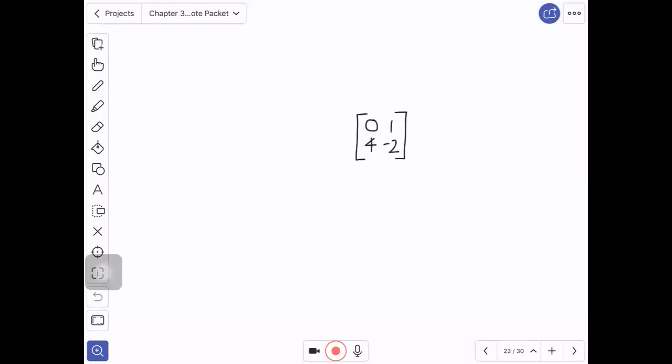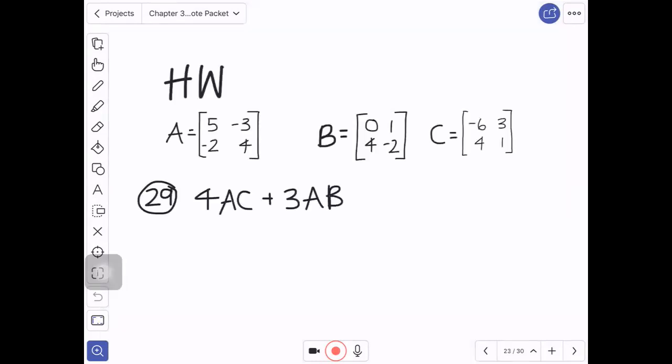All right, so take out your homework from last night. We're going to go over number 29. And this is what it gave you. It also gave you two more matrices, D and E. Plus 3AB was.